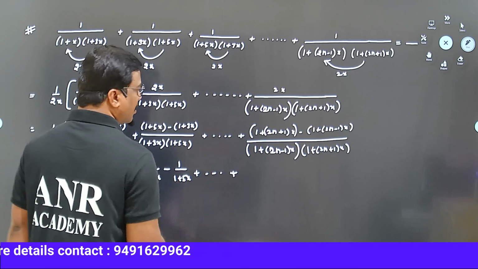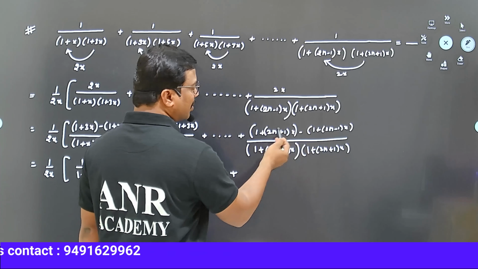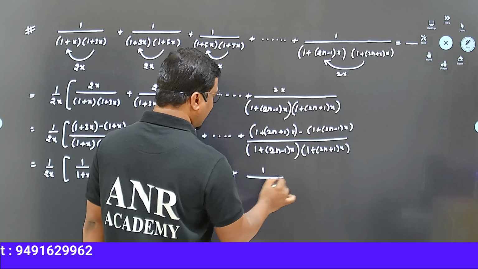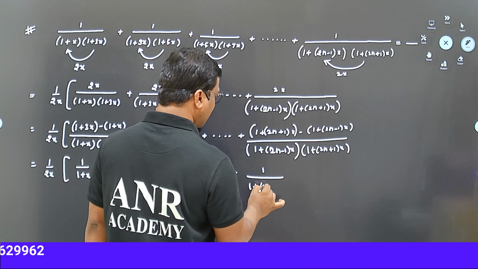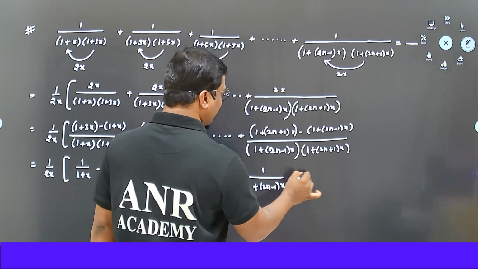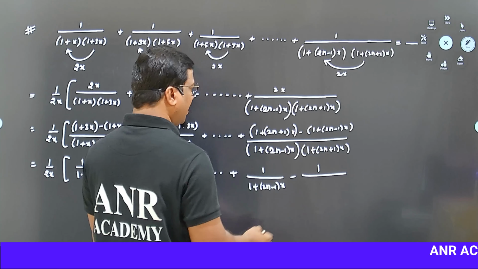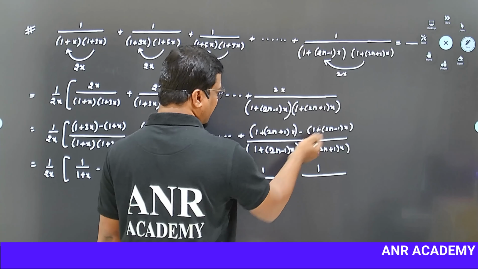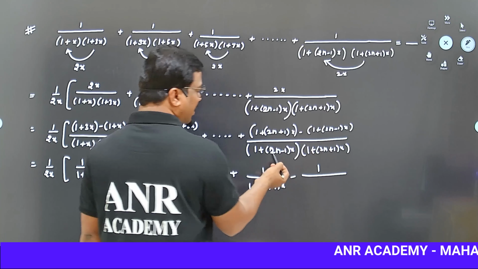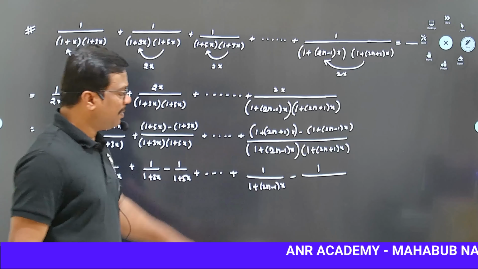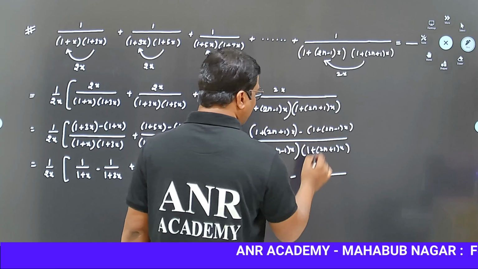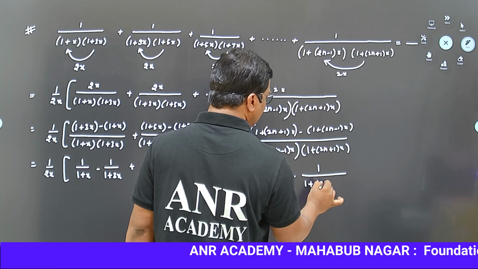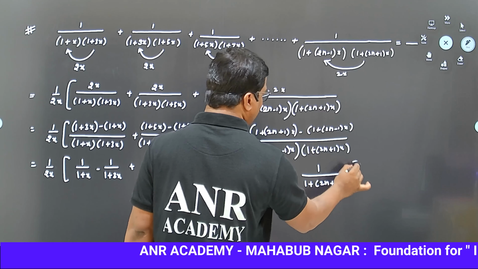So here first these two terms get cancelled. You will get 1 by 1 plus (2n minus 1) x minus 1 divided by 1 plus (2n minus 1) x, and here 1 plus (2n minus 1) x gets cancelled. 1 by 1 plus (2n plus 1) x we get.